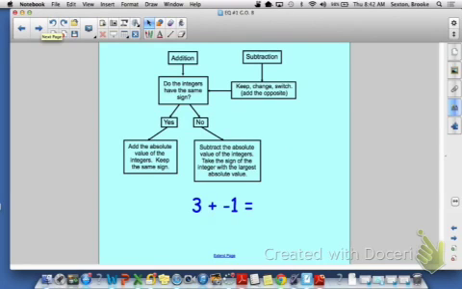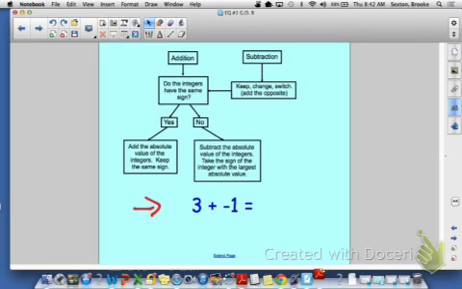Okay, let's look at our next problem. This time we actually have a math problem. 3 plus negative 1. Okay. If you look above that problem, on your graphic organizer, I have some directions on how to go about solving a problem like this. It's an addition problem with integers.